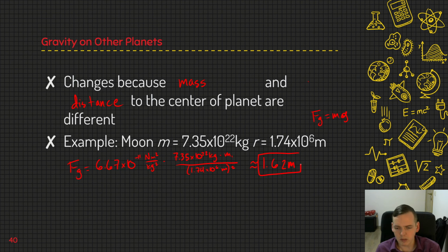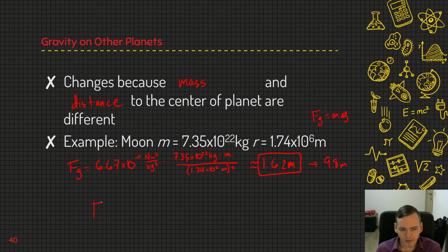So in other words, the weight on the moon is about 1.62 times m, and that compares to, on Earth, 9.8 m. So when you look at that, it's roughly an eighth, and that's because the moon has less mass and a smaller radius. But the less mass is ultimately what matters more.